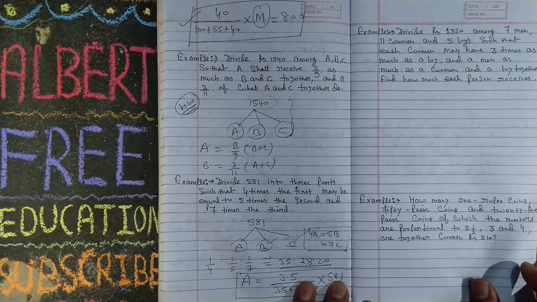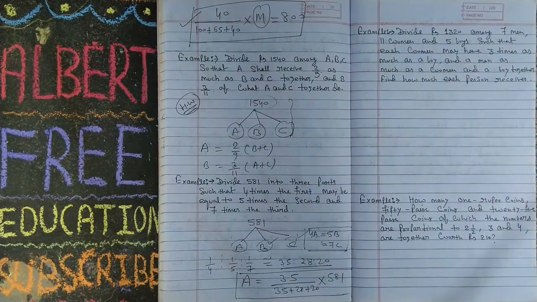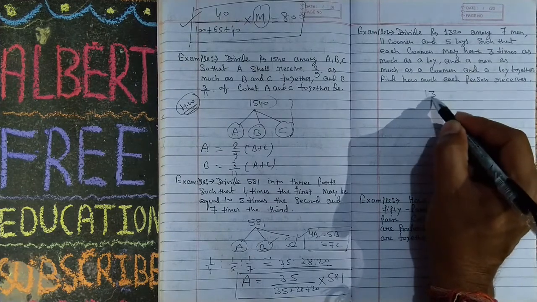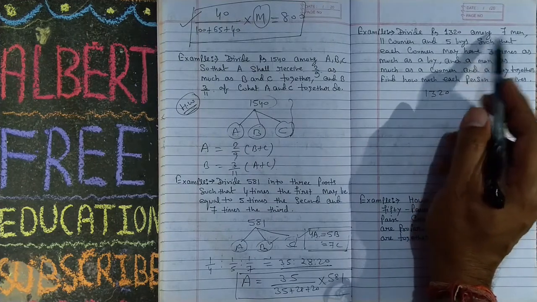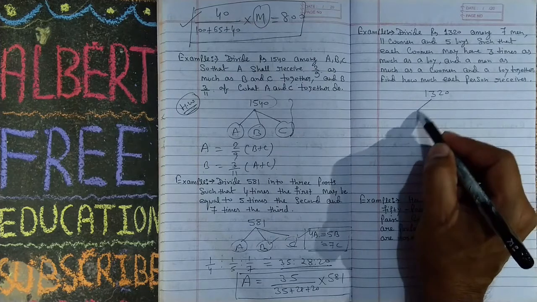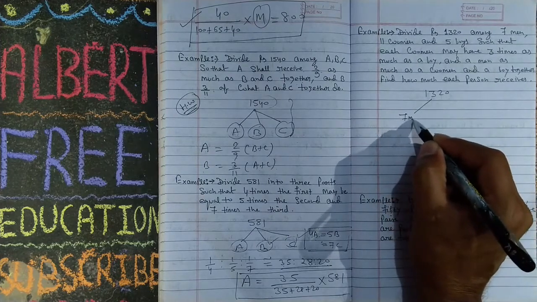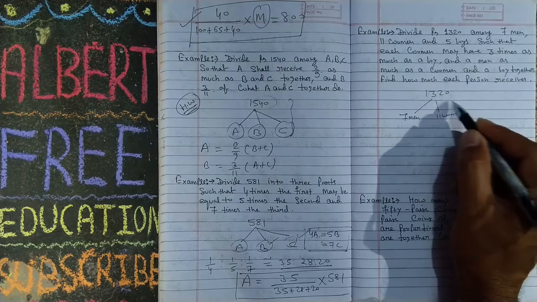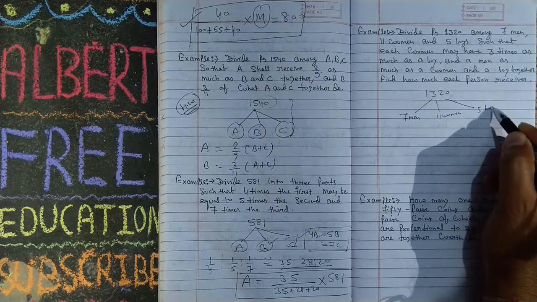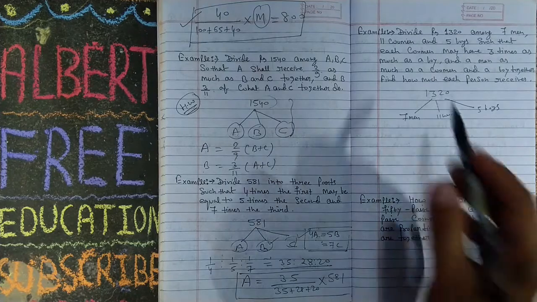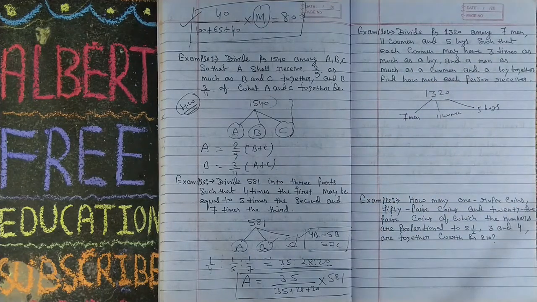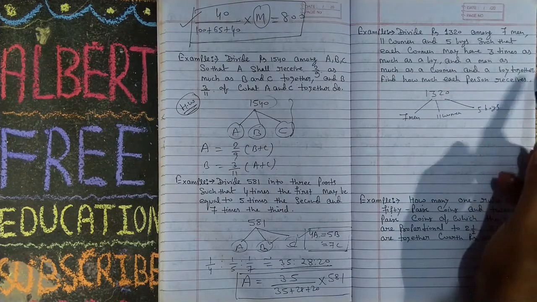Now the next question. In the next question, what he is asking is: divide 1320, you have money 1320, among 7 men, 11 women and 5 boys, such that each man may have 3 times as much as a boy, and a man as much as a woman and a boy together.